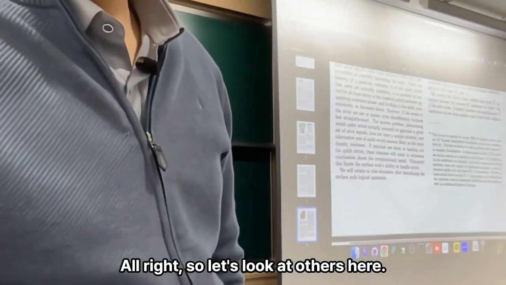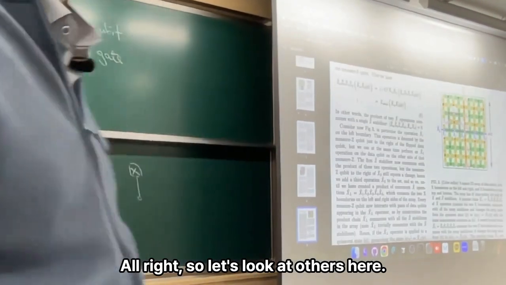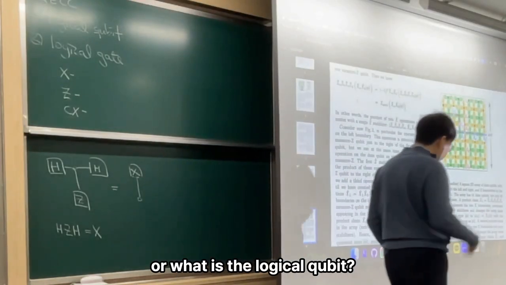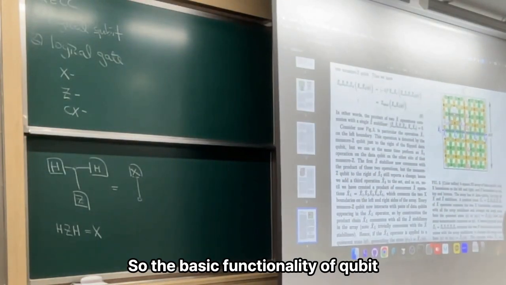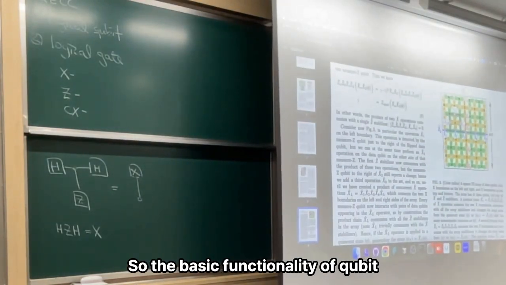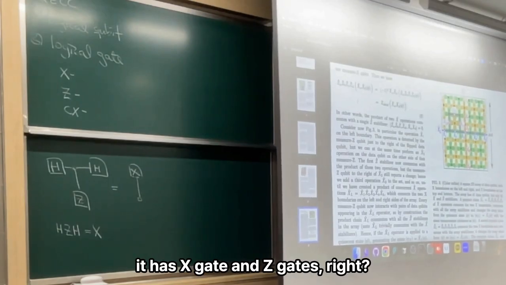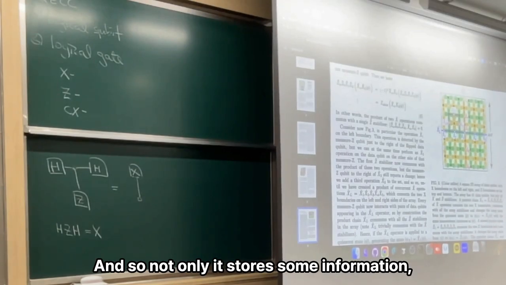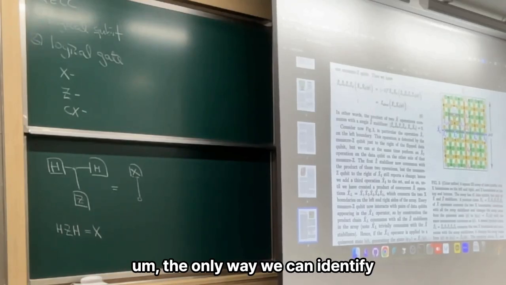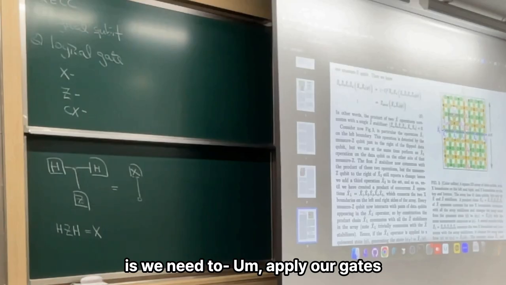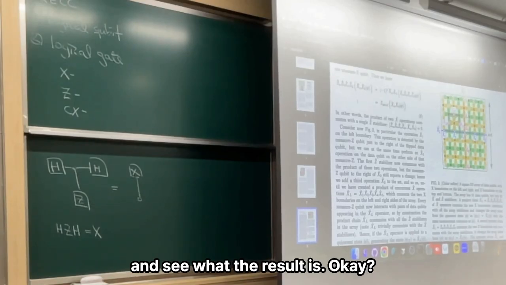All right, so let's look at others here. So what is a surface code logical qubit? The basic functionality of a qubit is that it has X gate and Z gate, right? So it not only stores some information, but the only way we can identify what the information is, is to apply our gates and see what the result is.